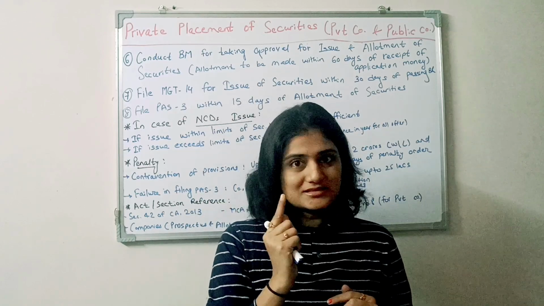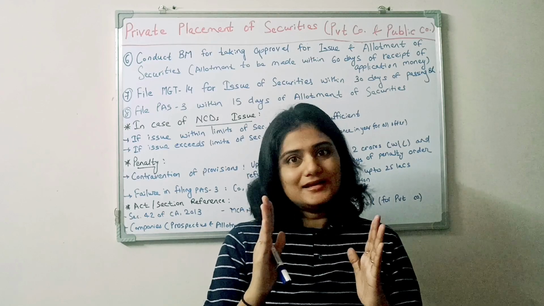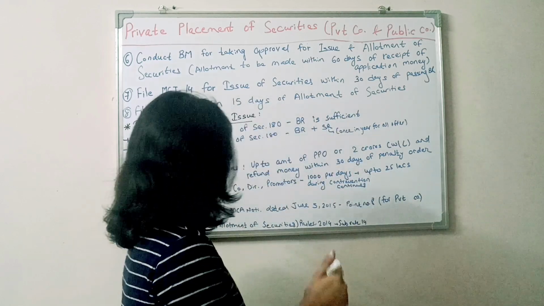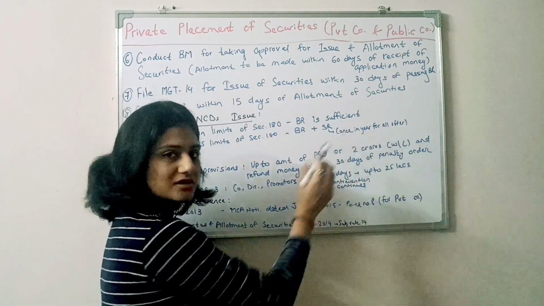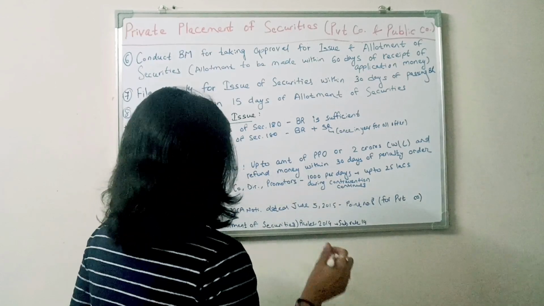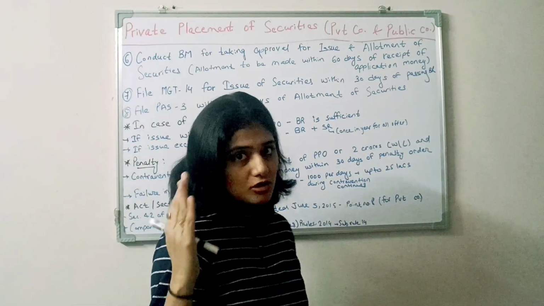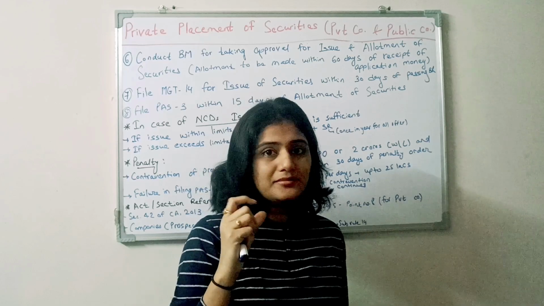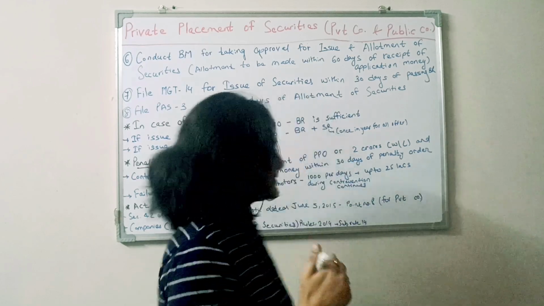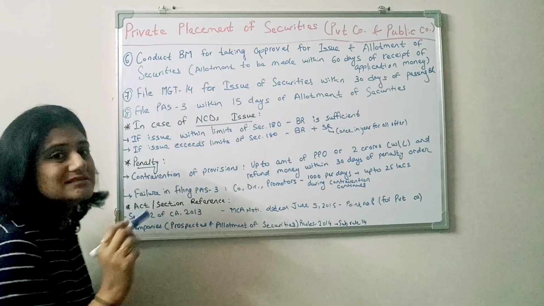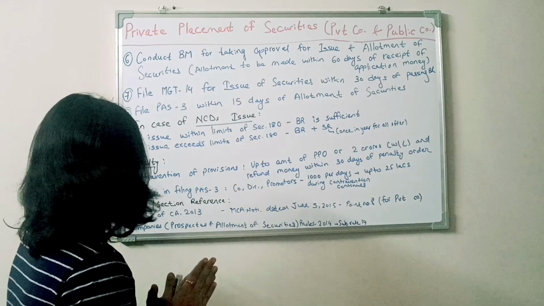So I can take approval once in advance for the entire year's issue. So SR is required once for all offers. Now here the BR is required on the basis of the particular offer. It is required to be passed on an offer basis. So this is a further relaxation provided to NCD issue.